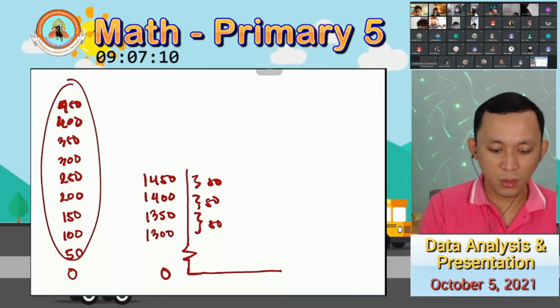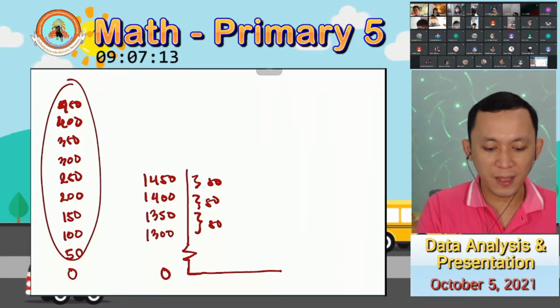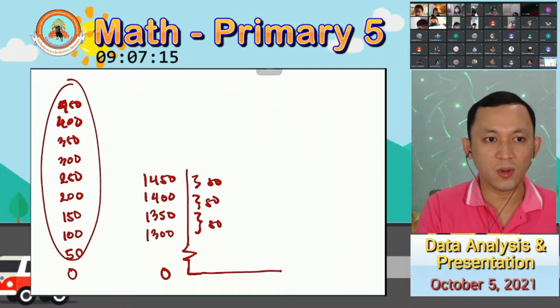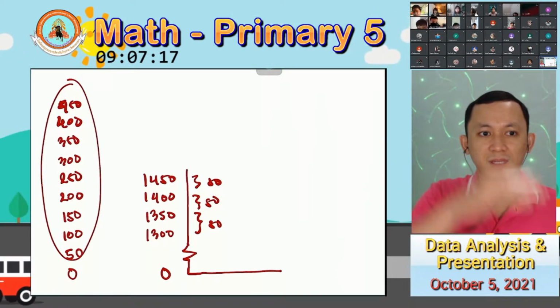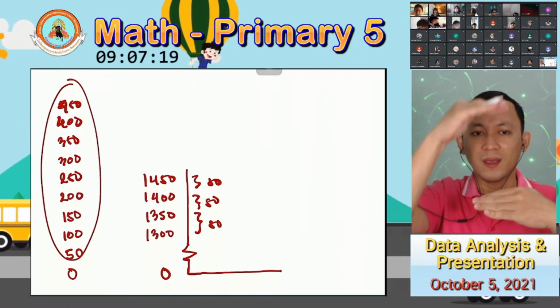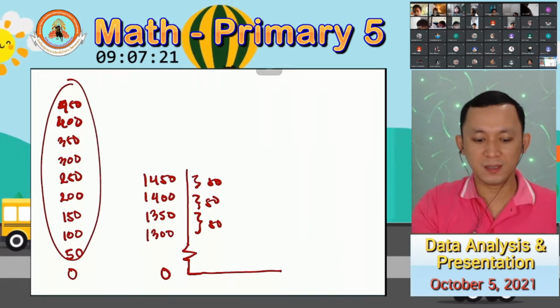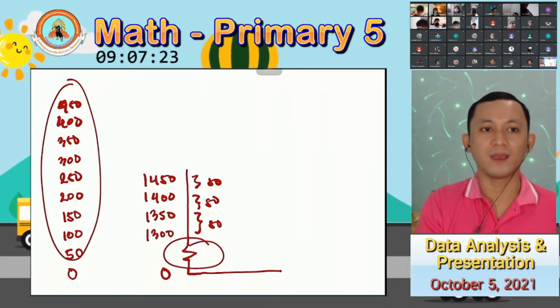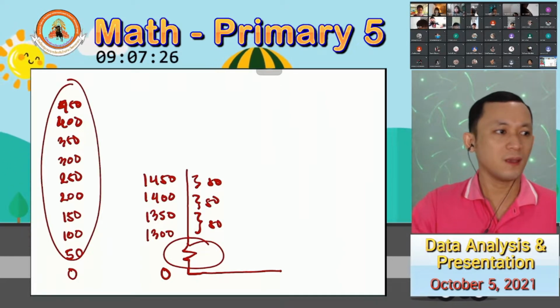We cut and reduce the scale and use the kink in this example.